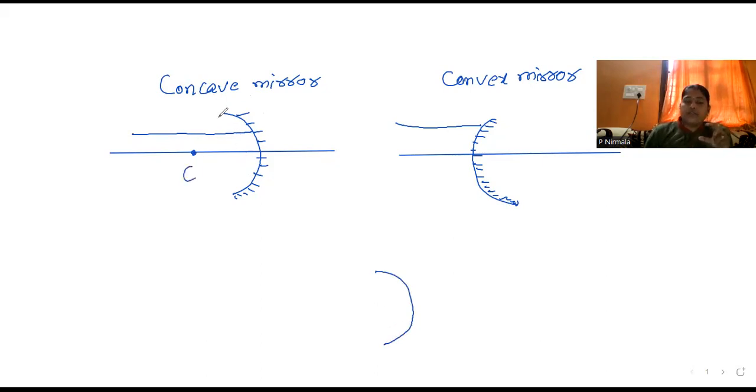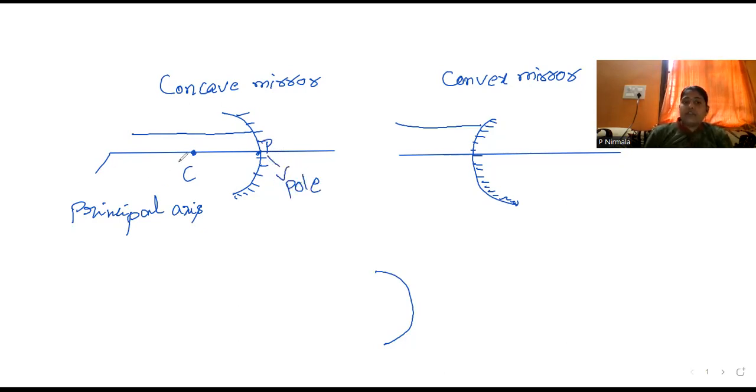This is the center of this curve. The line that passes through the center of curvature and touches the mirror is called the principal axis. Next, the point where it touches the mirror is called the pole. We denote it with P.